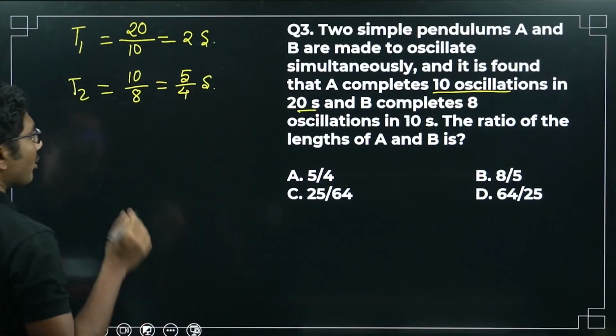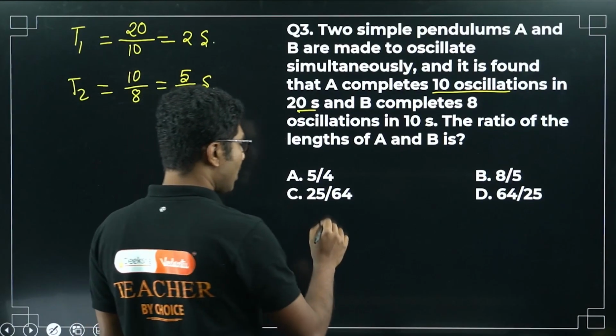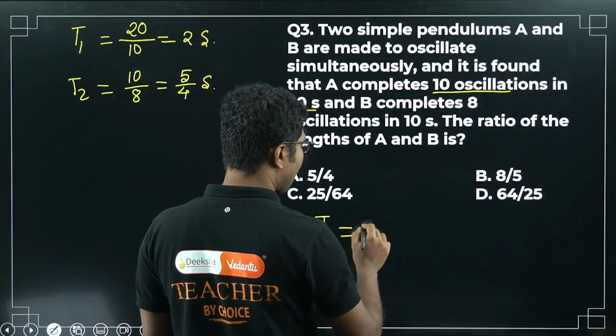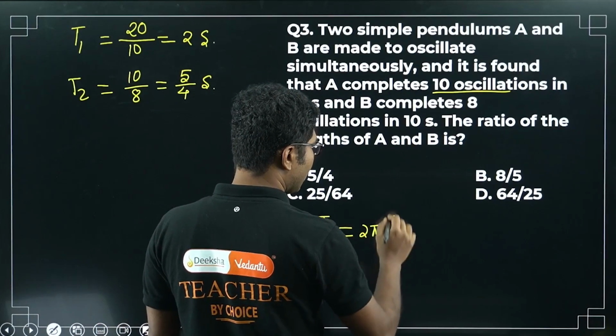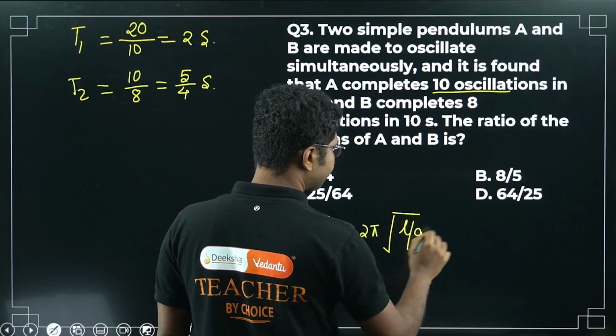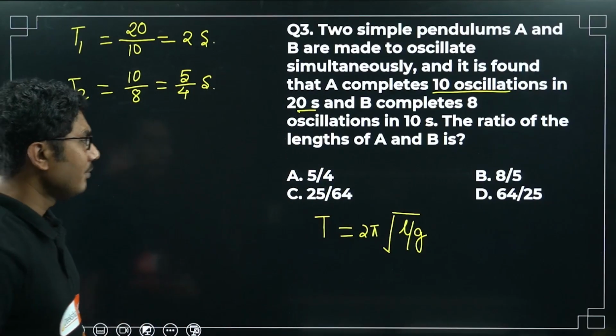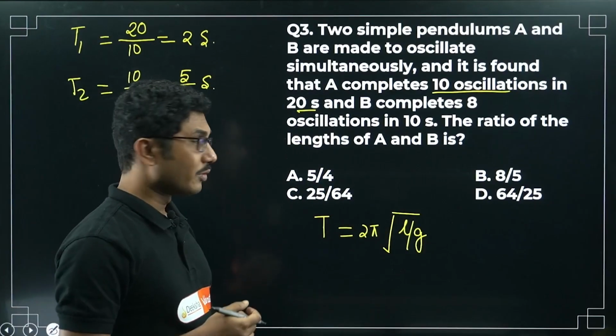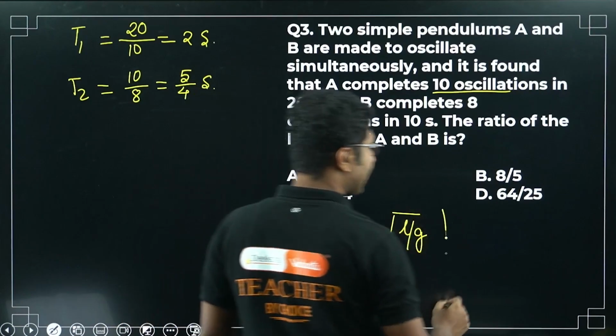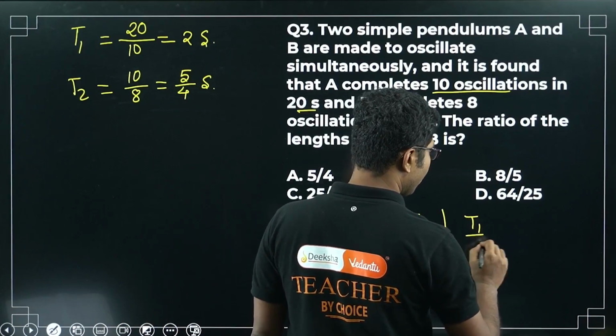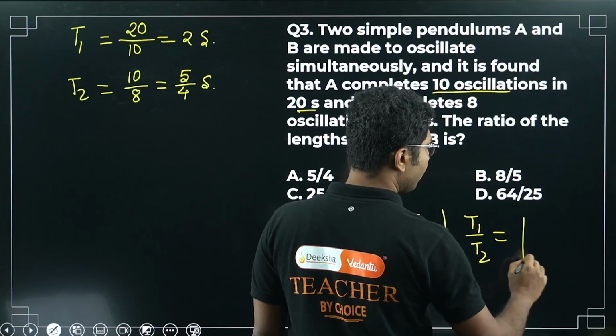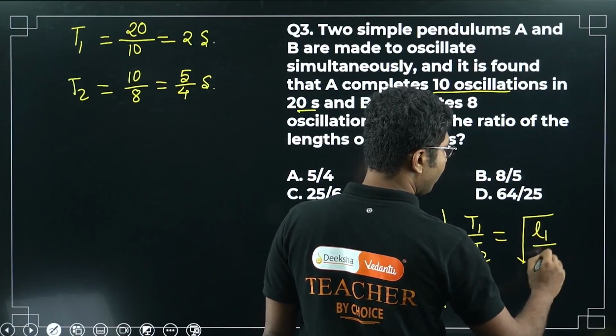Now what is the formula for time period in terms of length? The formula for time period is given by 2 pi root over L by G. So we can say that T1 by T2 will be equal to square root of L1 by L2.